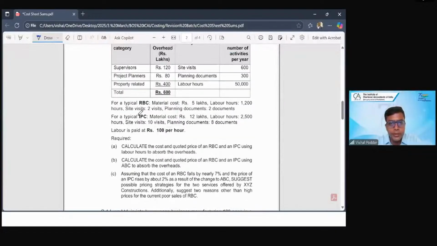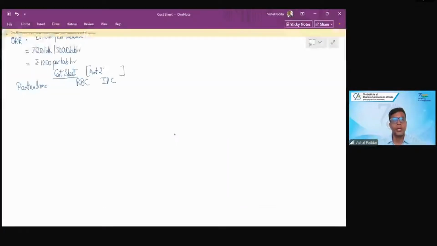5 lakhs, 1200 hours. We can take it in rupees in lakhs. So direct material and direct labor will be prime cost.